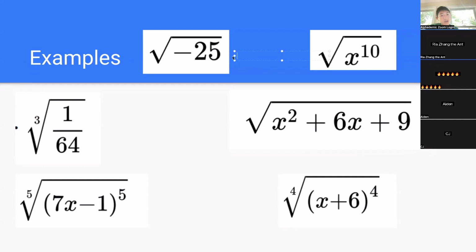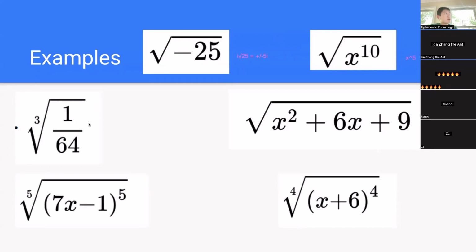So you would take out i, and then afterwards you are left with i root 25, which equals plus or minus 5i. Okay, and then for the next one, you take the square root of it, and the square root of x to the 10th is just x to the 5th.